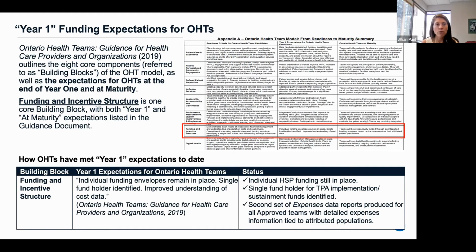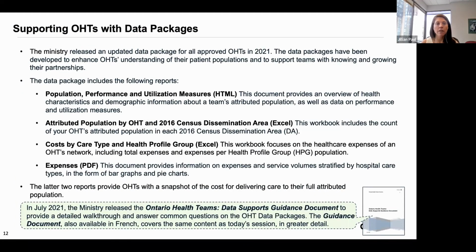So if we go to the next slide, these data packages, and hopefully many of you on this call are familiar with them and are here today to get a bit more of an overview.